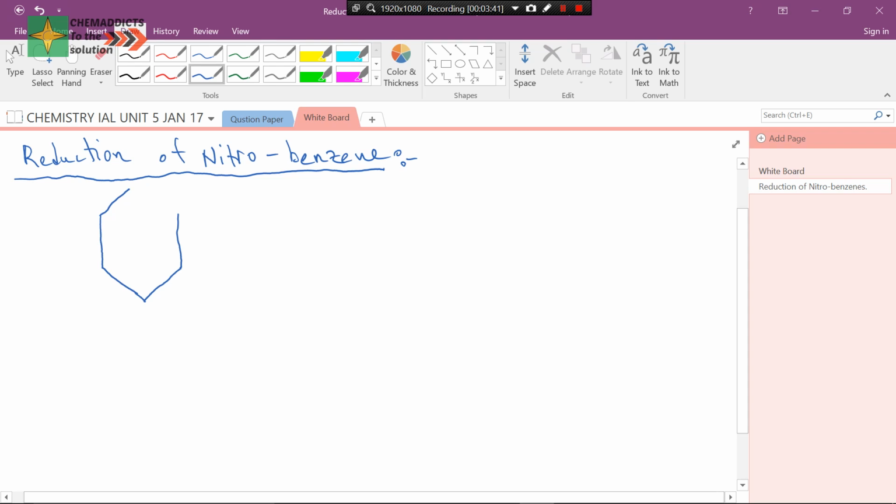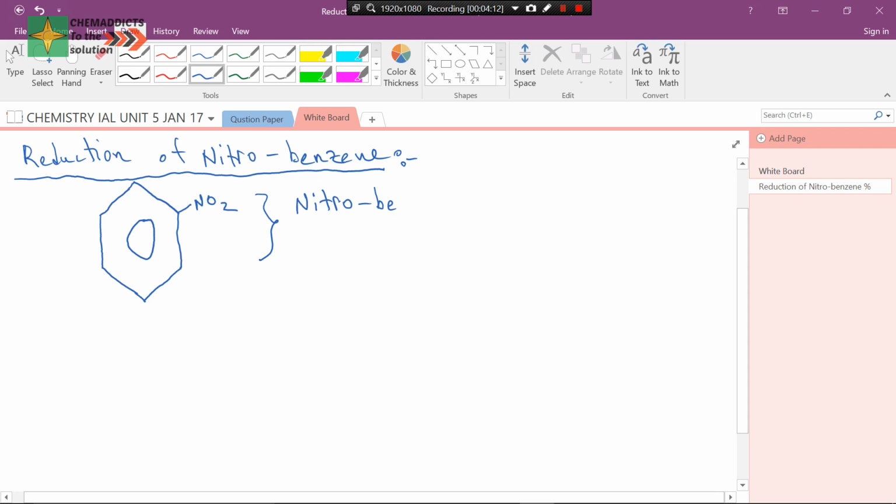This is a beautiful house named benzene. It has a nice window, though I have drawn it wrong. It's a wonderful house to live in. Here it has a nitro group, so this whole bunch of things is called nitrobenzene.